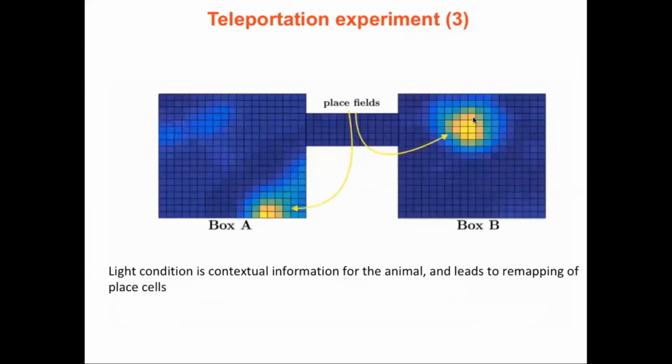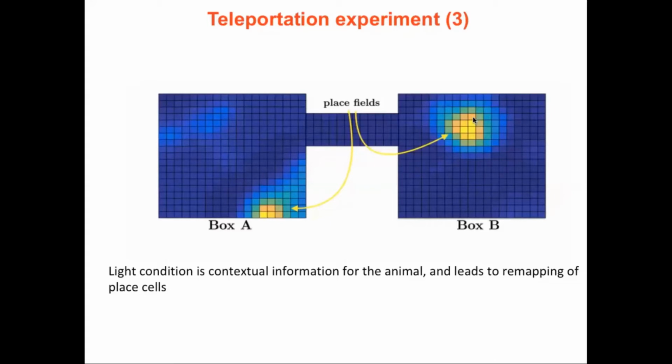If you do that, you can see that the same place cell can develop different place fields depending on the position of the animal in the two boxes. Here you see one cell and the positions where this cell is maximally active in the two boxes. The color codes correspond to blue, essentially rest activity, which is very low activity, and yellow, orange, very high activity.